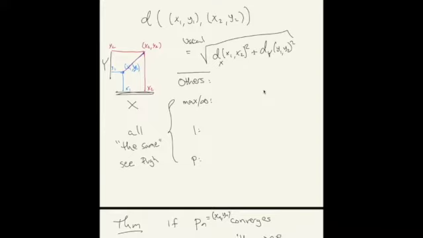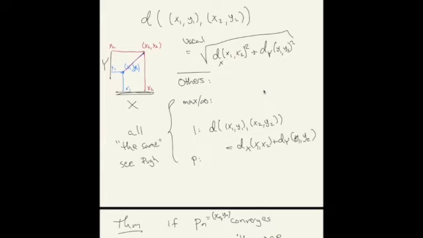Now, it's not the only metric. It's worth mentioning that there are other distances, maybe one or two of them, that are quite commonly used, and you can use these as well depending on your application. The easiest one is you just sum up the distances. This is probably the easiest one to verify the triangle inequality with, and it's related to the so-called taxicab distance.